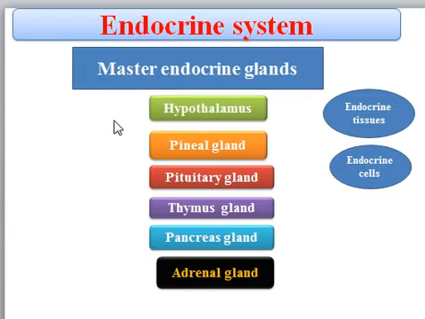Now, the endocrine system is composed of many organs. Some of them are endocrine glands, and we also have endocrine tissue as well as endocrine cells. But in this video we want to explain the anatomy of the master endocrine glands, which include the hypothalamus, pineal gland, pituitary gland, thymus gland, pancreas, and adrenal gland.